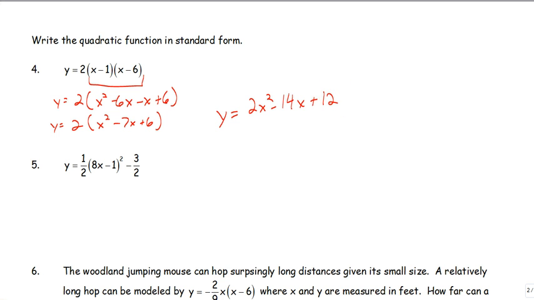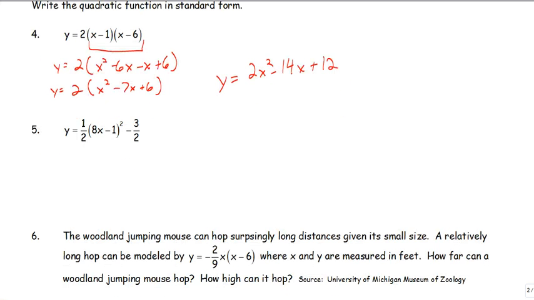And now for this one, same thing. We have to go from vertex form to standard form. First things first, let's deal with this. Again, this is 8x minus 1 times itself, not 64x squared minus 1. Or plus 1, whatever you want to do with that. Okay, so let's multiply that out. We get 64x squared minus 16x plus 1. There we go.